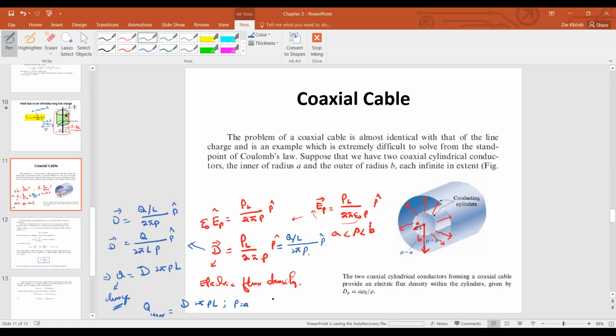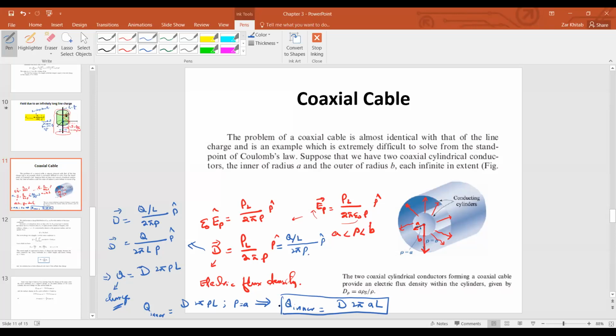Rho equals A. This implies that Q on the inner surface equals D 2 pi A L.